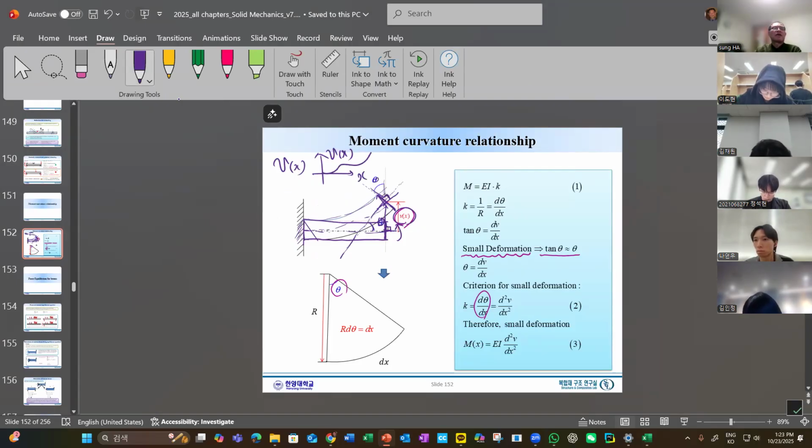We have a certain curve like this. Now, at any point x, we can have a tangent. What is that? Here we have a theta, and the slope, tan theta, is given as v prime of x. This we already know very well.